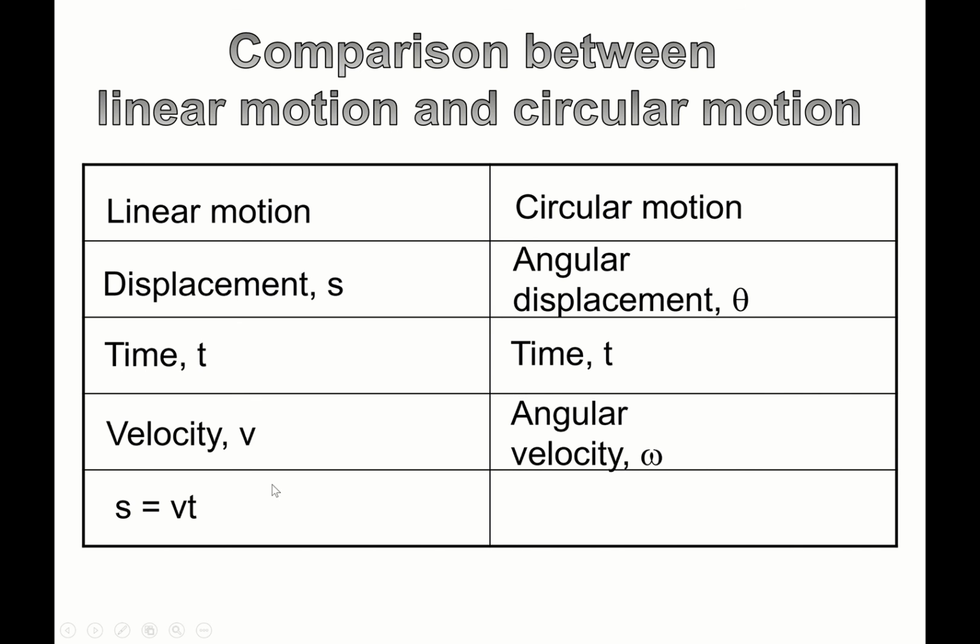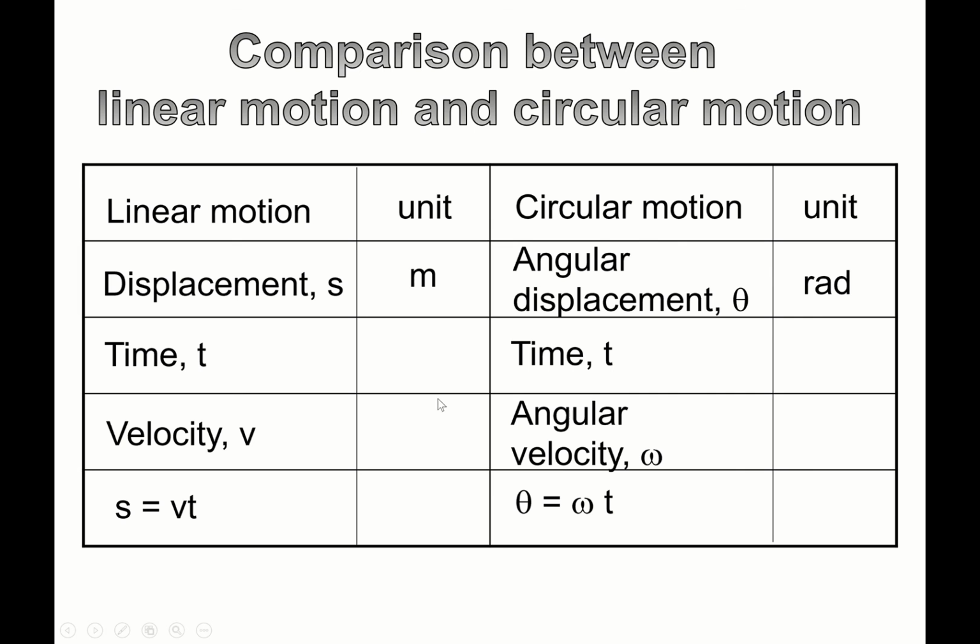The formula in linear motion is displacement equals velocity times time. But for circular motion, we use angular displacement equals angular velocity times time. The unit for displacement is meter, whereas the unit for angular displacement is radian. The unit for time taken for both linear motion and circular motion is the same, second. The unit for velocity is meter per second, whereas the unit for angular velocity is radian per second.